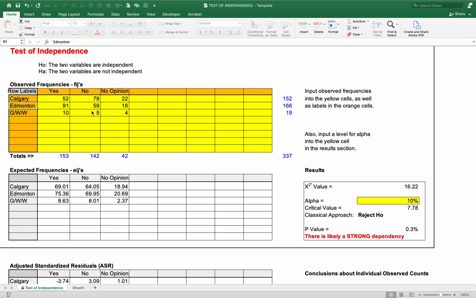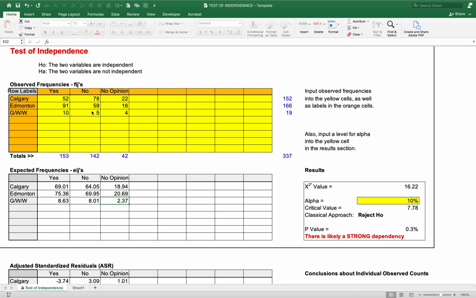So now we take a look, and remember that having a low Fij is not a problem. You can even have zeros for Fijs. It's the number of Eijs that we've got. And we look here and we say, these are good, these are good, these are good. We've got 1 here which is less than 5, but we're not getting our warning message because we've got less than 20% of the Eijs less than 5.